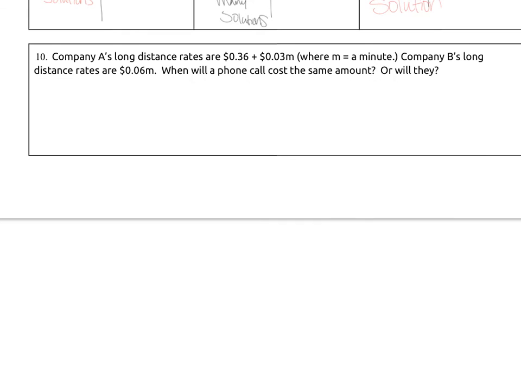Okay, ladies and gentlemen, we have come to the last question of the study guide. Company A's long distance rates are 36 cents plus 3 cents M, where M refers to a minute. Company B's long distance rates are 6 cents M, where that means a minute. When will a phone call cost the same amount? Or will they?